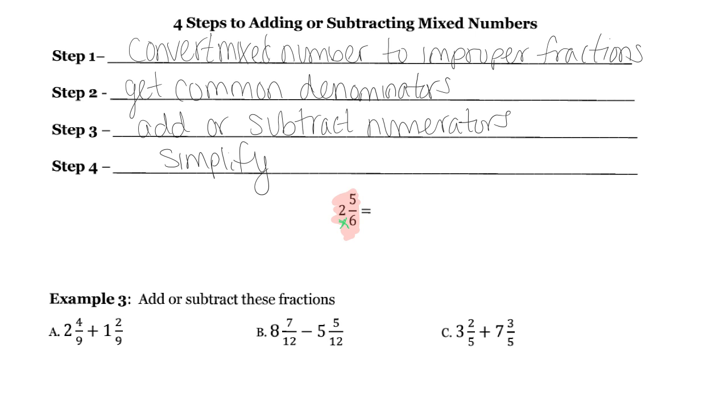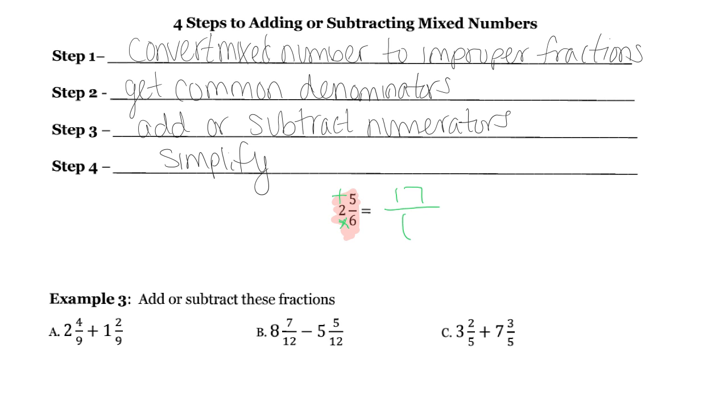Now we add our numerator to that. 12 plus 5 gives us 17.